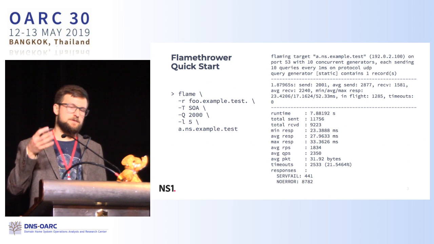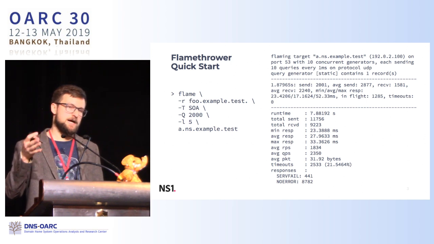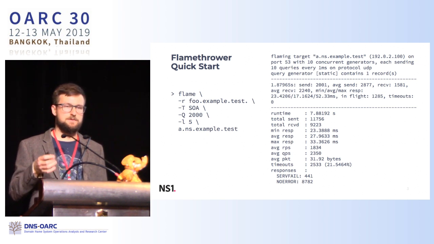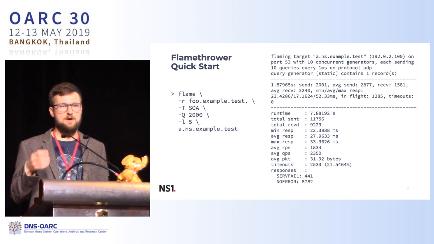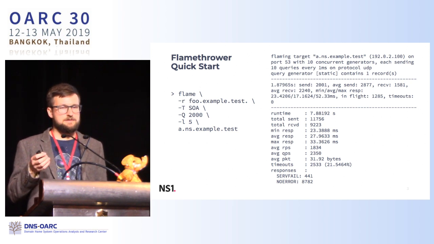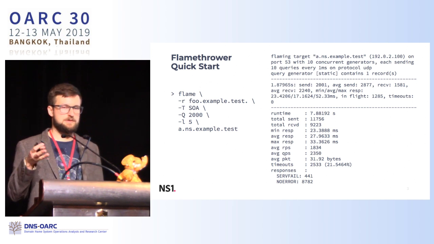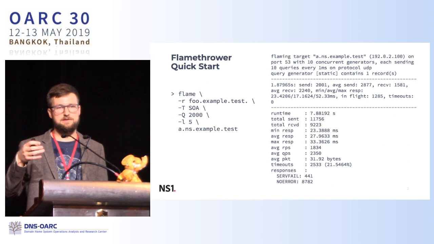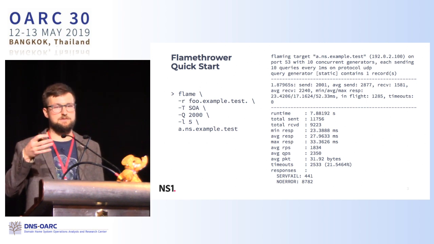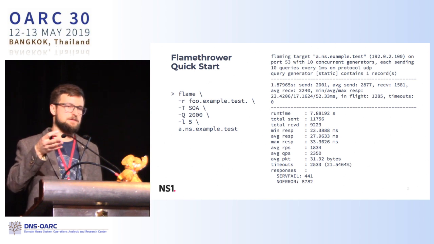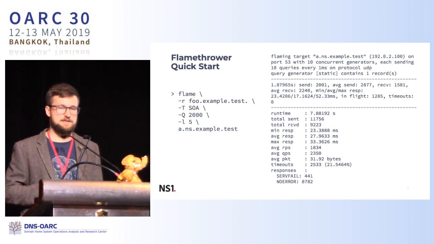The first two parameters, -r and -t, define that we will be sending an SOA query for foo.example.test over and over. The -q specifies the QPS we want, the output QPS, so 2000 QPS, and -l just limits how long the flame should run, so this is only 5 seconds. And we will be flaming the server with the name ans-example.test.